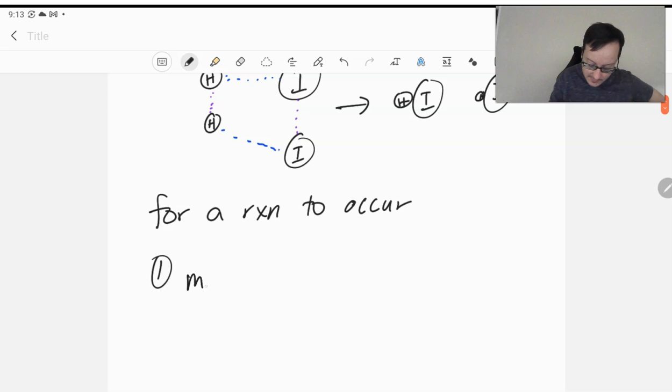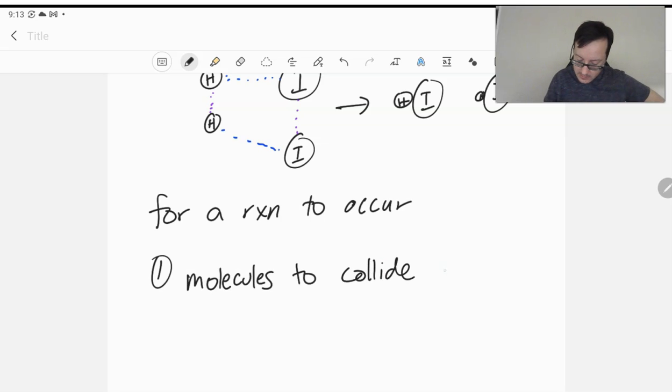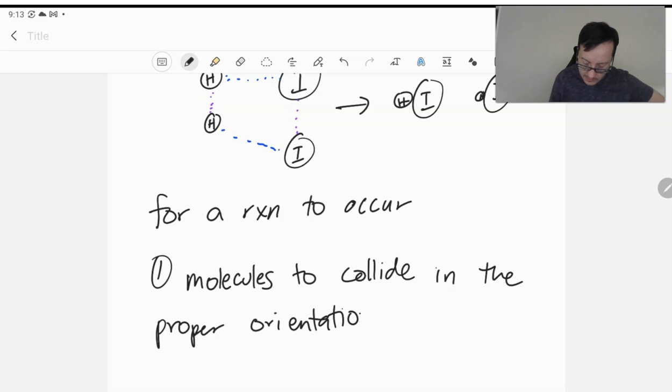We need the molecules to collide at the right angle to each other, in the proper orientation. And if we think about it, molecules are constantly slamming into each other. Your book brings an interesting comparison. If, say, a molecule of hydrogen and iodine hit each other, how about 1 trillion times per second, we'll say.